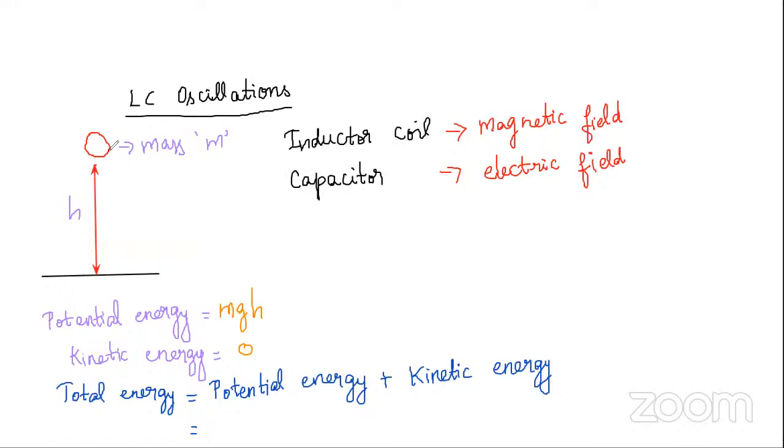As the body starts to fall towards the earth, what will happen to the potential energy and what will happen to the kinetic energy? I am asking you in a qualitative manner. I don't need the exact values. As the body starts falling towards the ground, what will happen to the value of potential energy and kinetic energy?